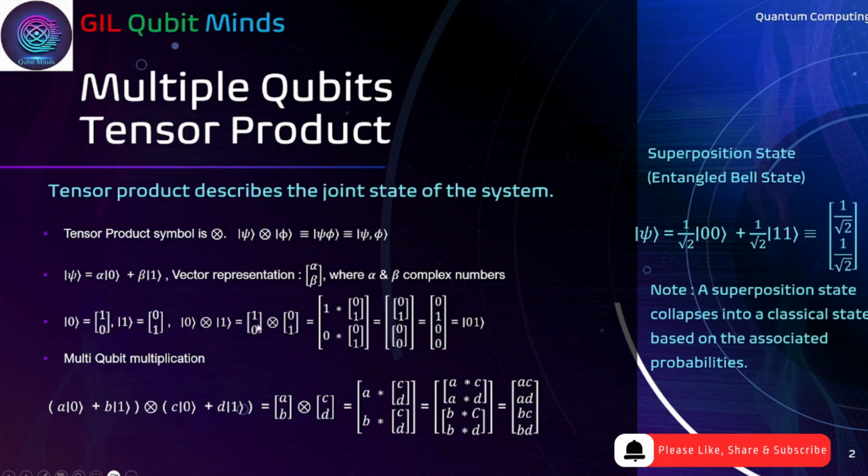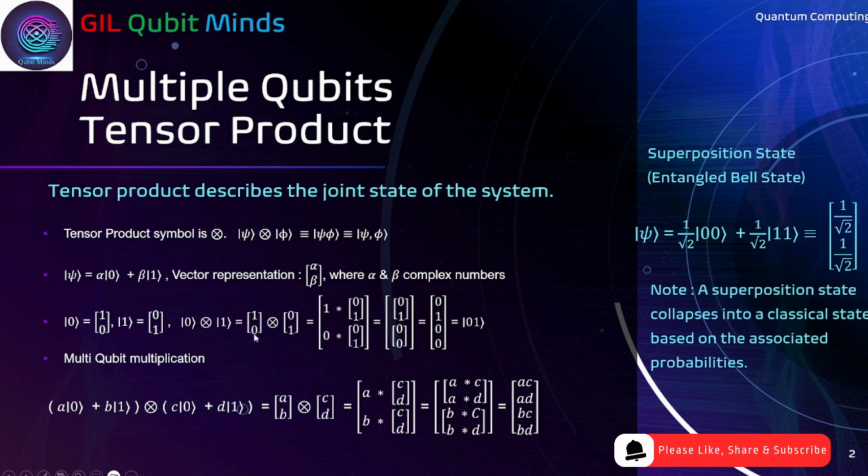We know 0 is the column vector 1, 0, which signifies the |0> ket, and for |1> it is 0, 1. When we multiply, you can see it multiplies in a different way.